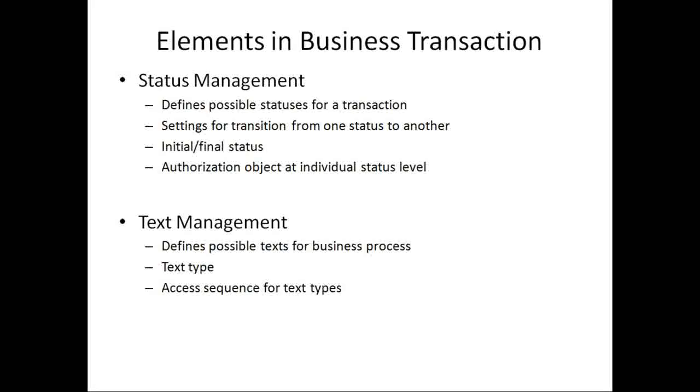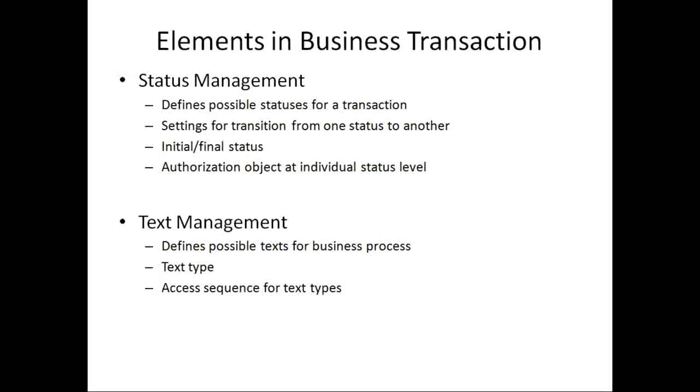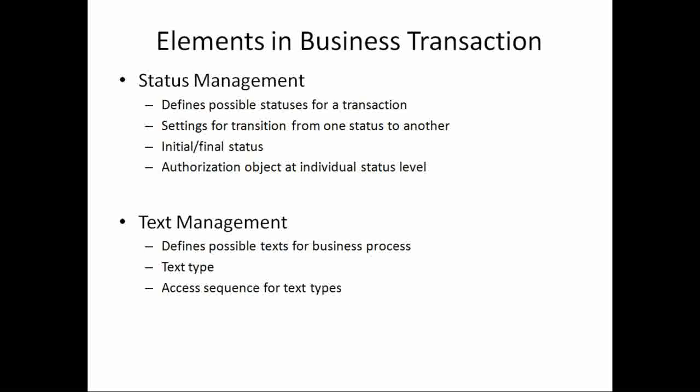These details will be logged in some text area, and that will be created, maintained, and managed using the text management process. So here we'll define the possible texts for the business process, and also we can give different text types. Based upon the purpose, we can select the text type and provide the text there and save it.